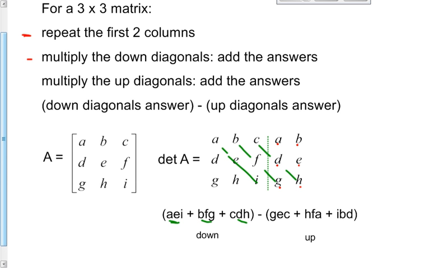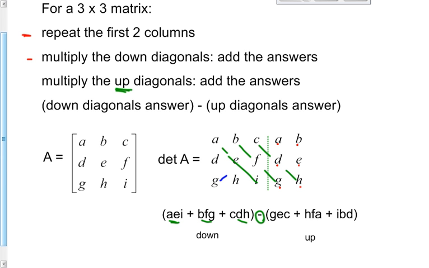And then I subtract. But I subtract what? I subtract the up diagonals. So we start in the bottom left, instead of the top left going down, down, down, we're going to start in the bottom and travel up, up, up.